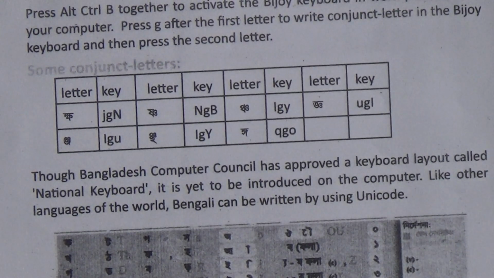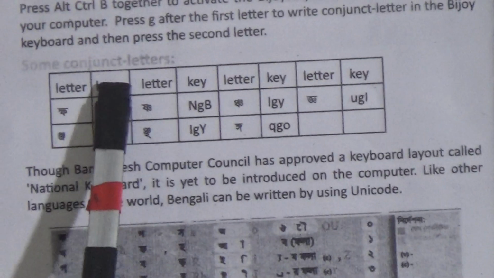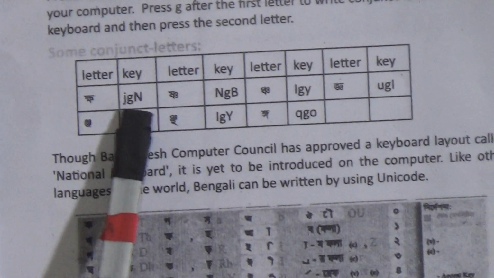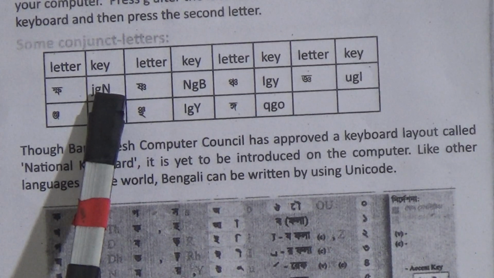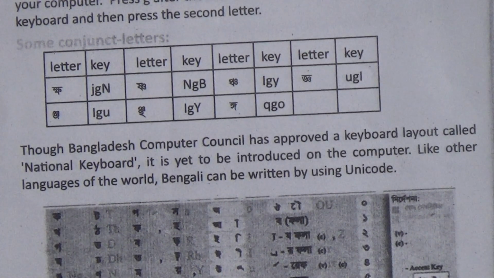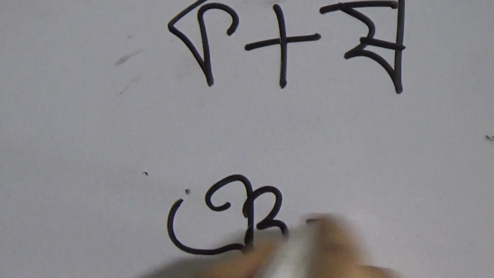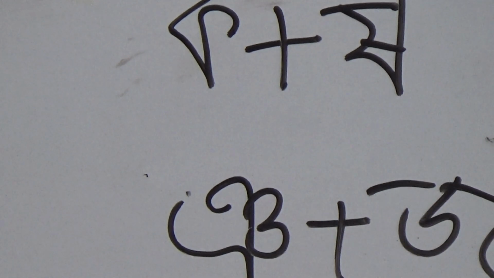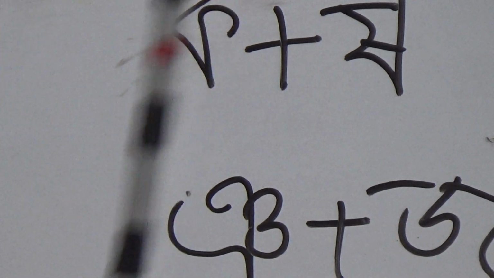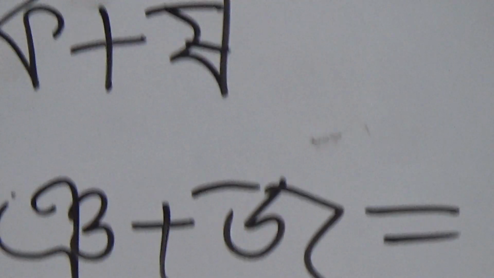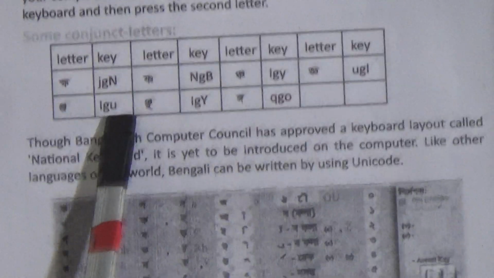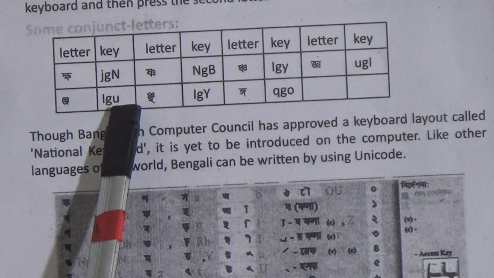We write Ko Murdhanya Sha. Then how: K, small j, small g and n. And the next one, the jo of the borgiyo j: capital I, G, small g and small u.